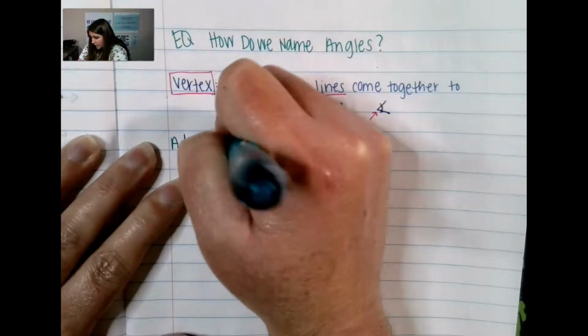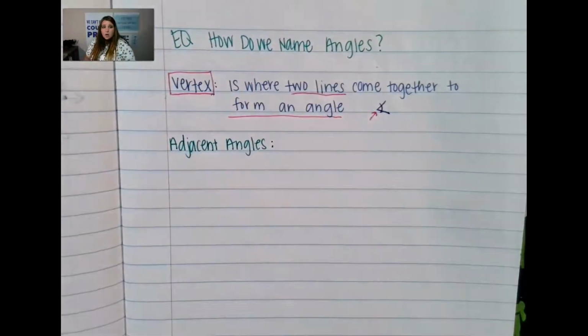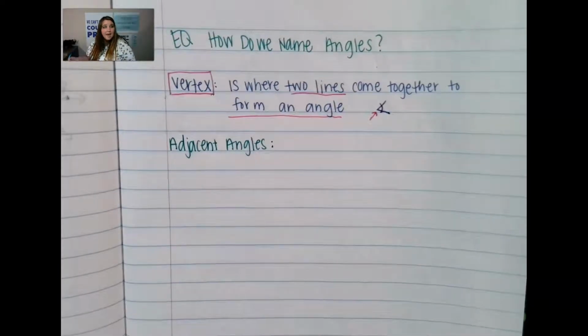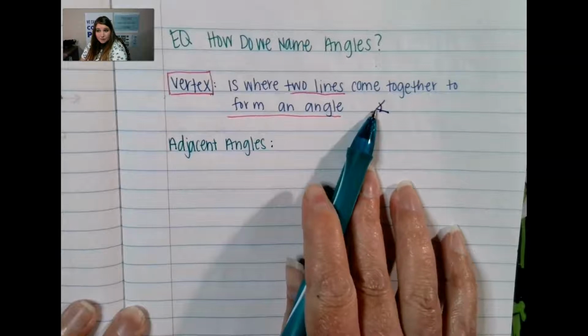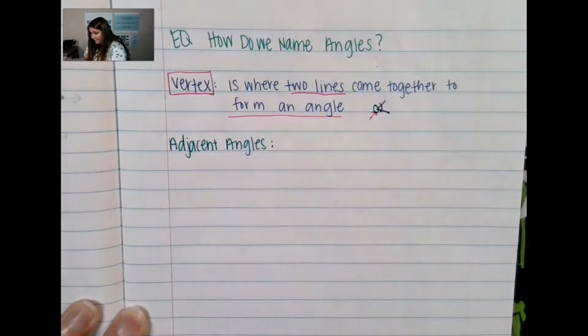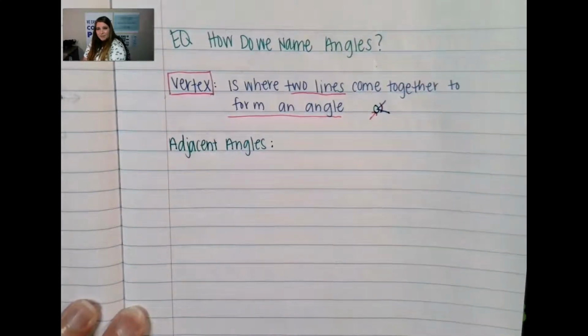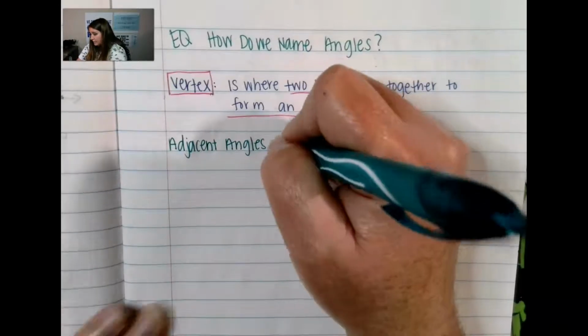Adjacent angles are two angles that share a common side and have the same vertex. So they have that same point right there, that same little ending point. Let's circle it.